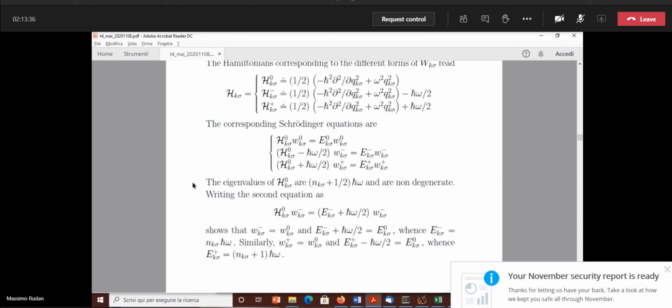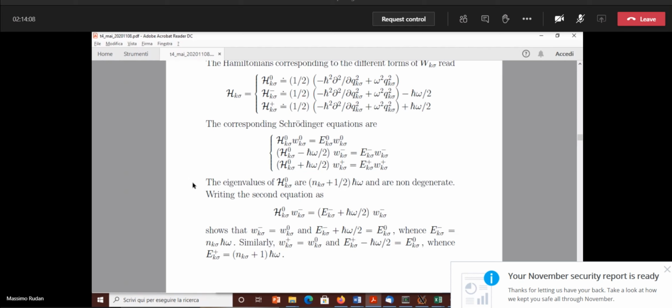We have three solutions of the Schrödinger equation corresponding to the three possible Hamiltonians. These are the Schrödinger equations for the single mode of oscillation. Each equation has the same eigenfunctions, but the eigenvalues are different.